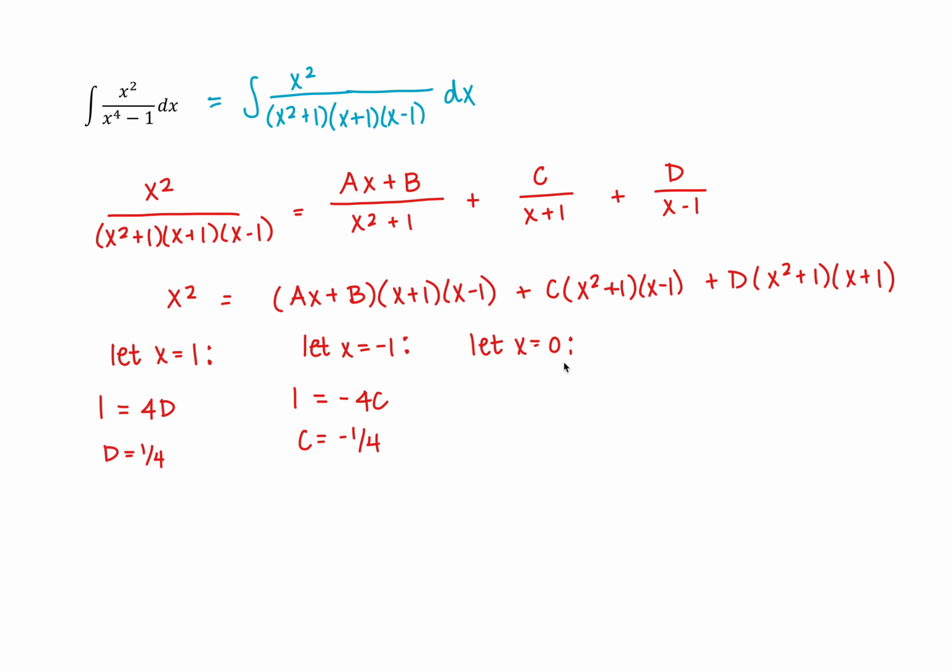By letting x equal 0 is going to eliminate the a term, because a times 0 is going to be 0. So what does that leave me with? Well, it leaves me with 0 equals. I'm going to have b here, because remember this a term goes to 0. 0 plus 1 times 0 minus 1, that's going to give me a negative 1b.